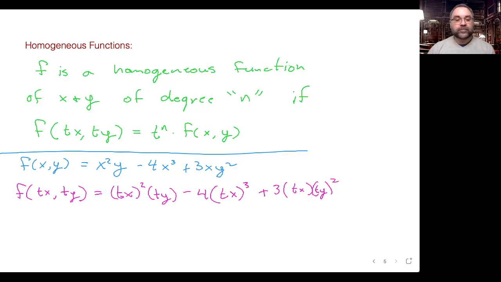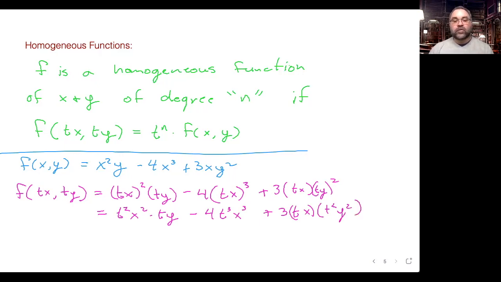Now when I square tx, I get t squared x squared times ty, minus 4t cubed x cubed, and 3tx times t squared y squared.